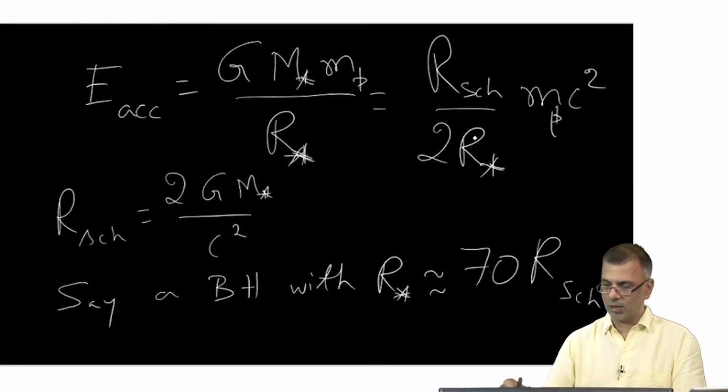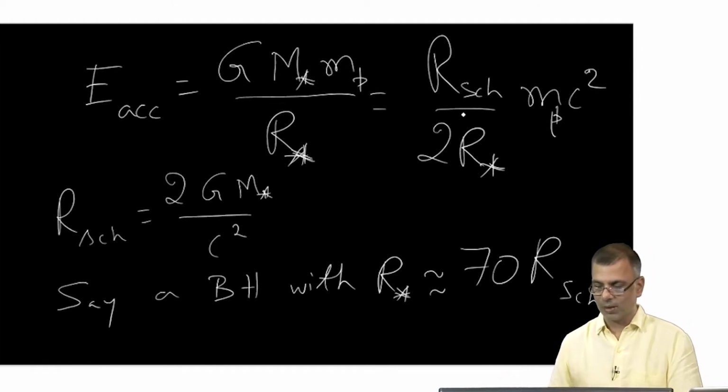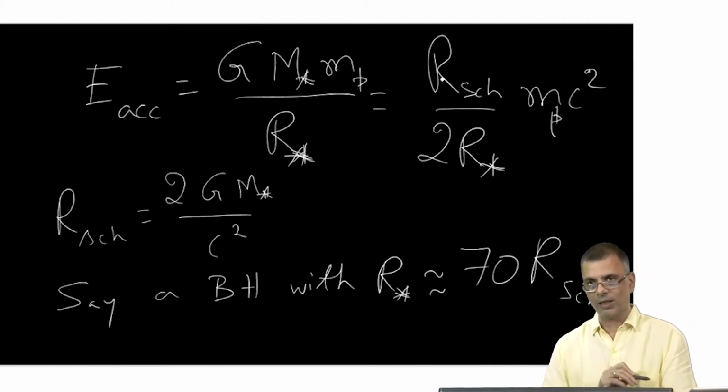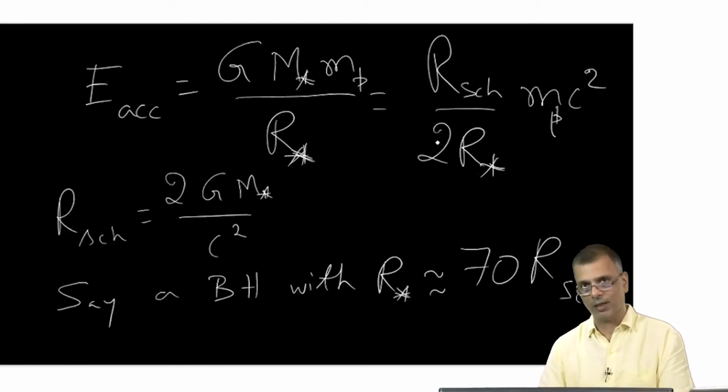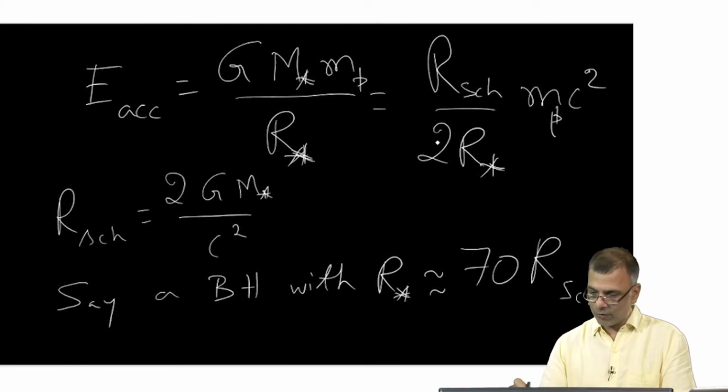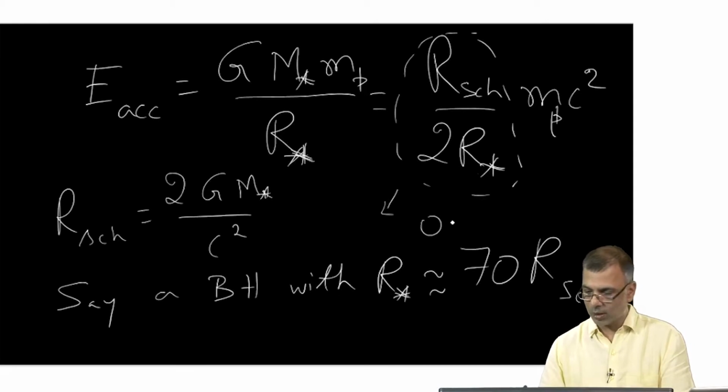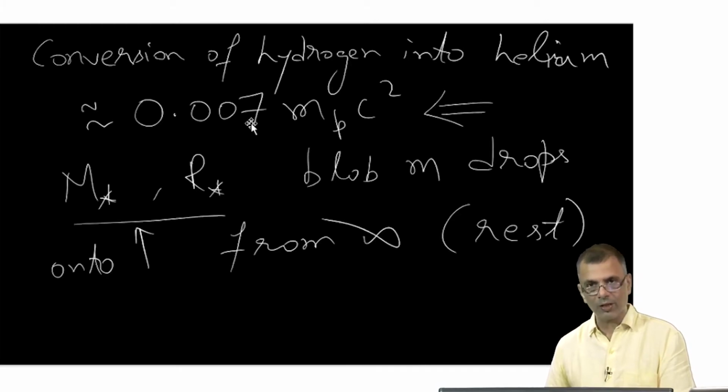In other words, this ratio is something like 70, so this would be 1 over 70, and with the factor of 2, essentially 1 over 140, say 1 over 100. That is something like 0.01. So compare this 0.01 with 0.007. It is already more efficient than a nuclear conversion of hydrogen into helium.